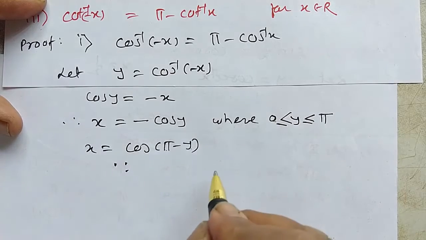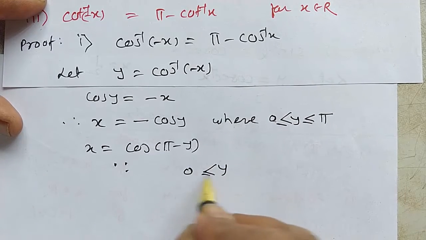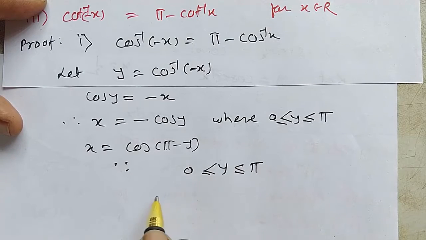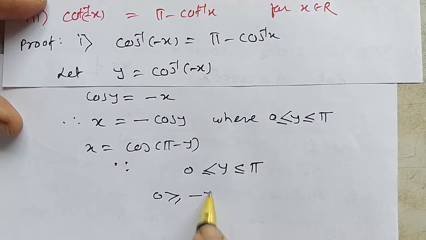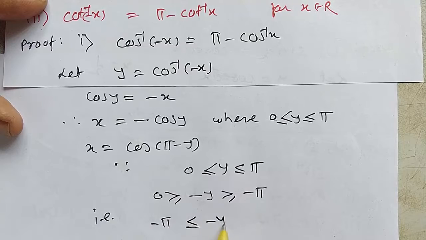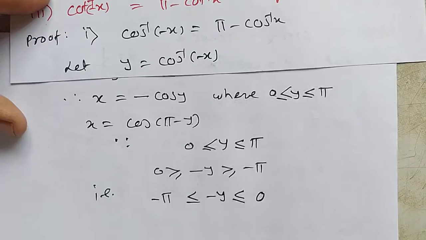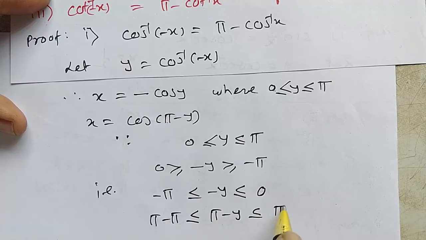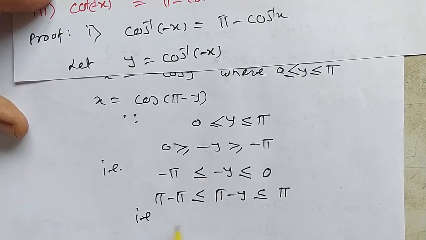Since y is greater than or equal to 0 and less than or equal to pi, we multiply by minus, so it changes: minus pi less than or equal to minus y less than or equal to 0. Adding pi throughout, we get pi minus pi less than or equal to pi minus y less than or equal to pi, that is 0 less than or equal to pi minus y less than or equal to pi.